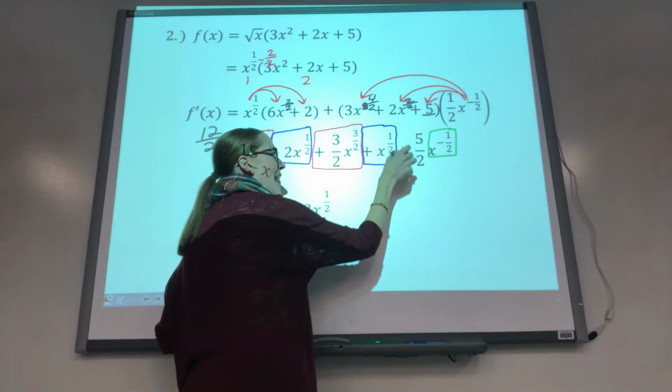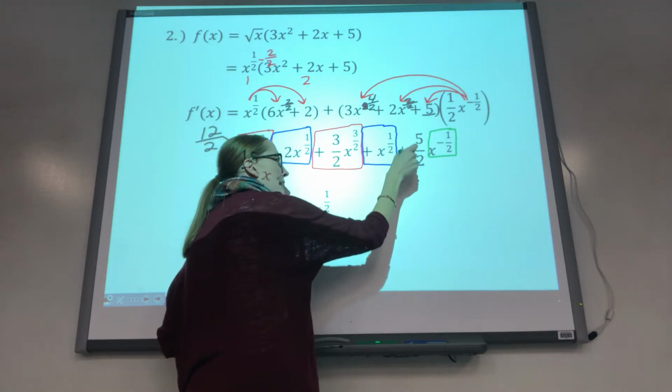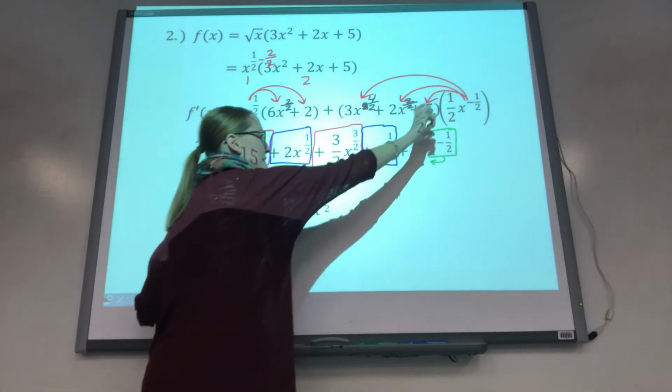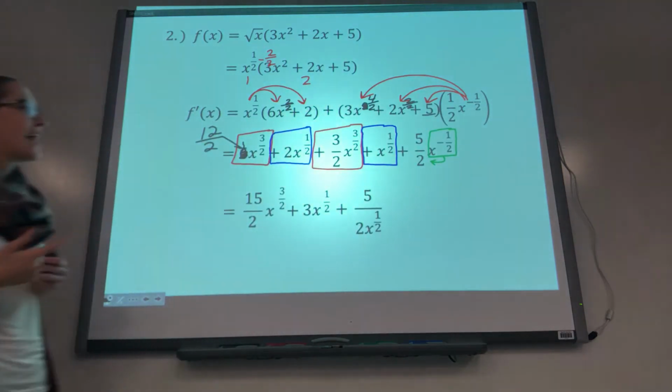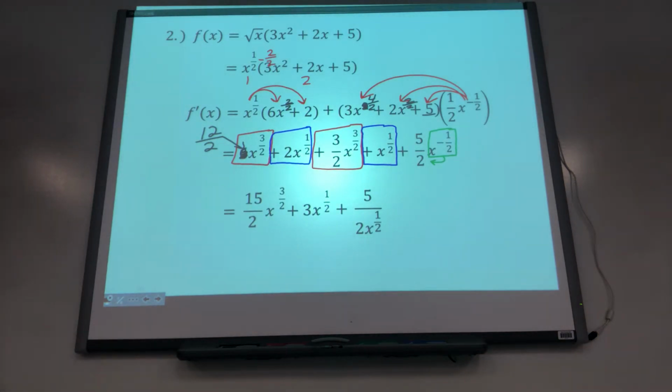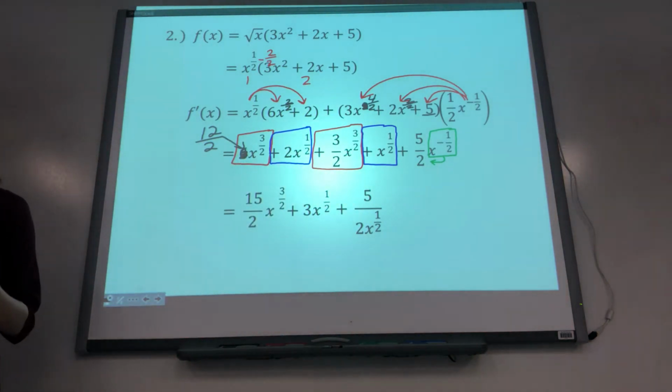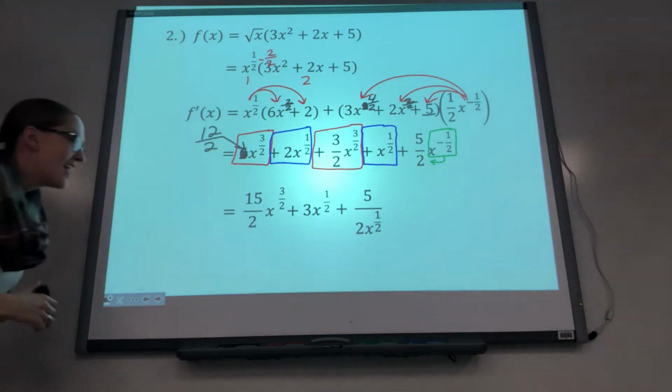And you already have a fraction set up right here. So I would pull x to the positive 1/2 power down with the 2 and just make it 5/2x to the 1/2 power.